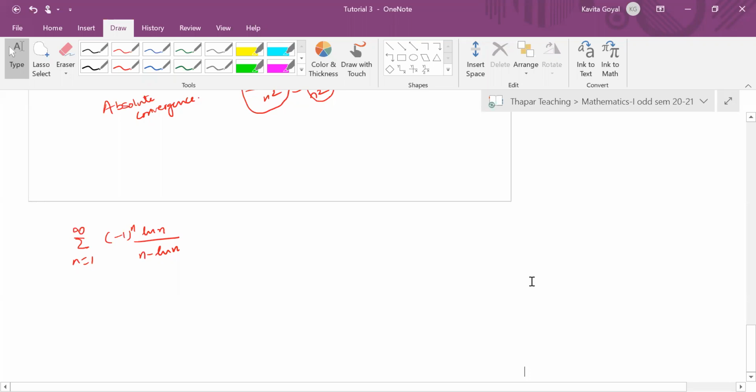Yes. Is the Leibniz test working? If you just check this mod an, that series is going to be sigma log n upon n minus log n.